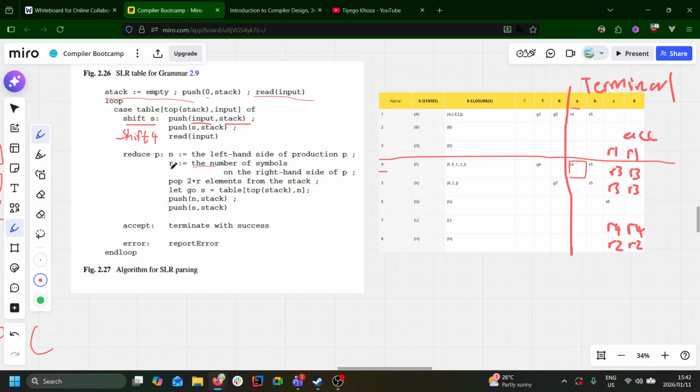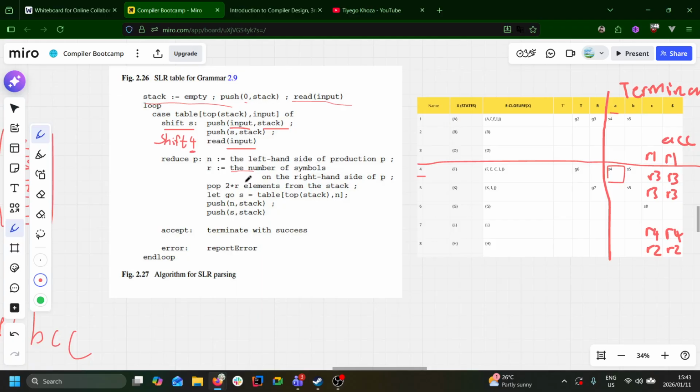The input could be, let's see, read input. I think that's the current value. Then we push S onto the stack, and S is the number 4 over here. Cool. And then we read the next input of the table. So we push that on top of the stack as well.